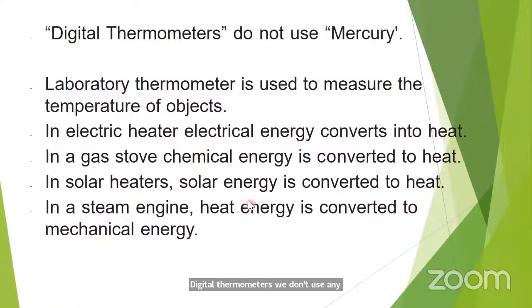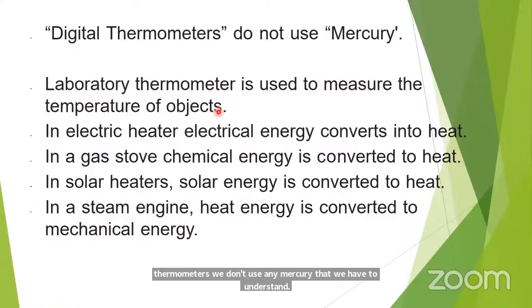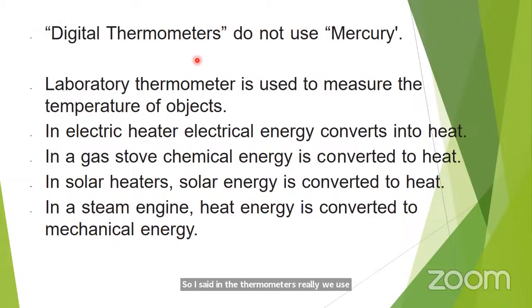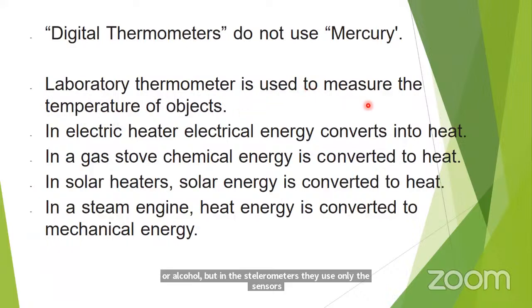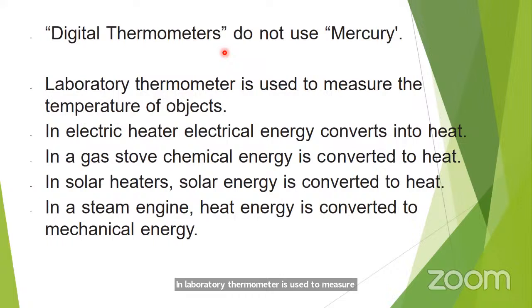So I said in the thermometers, usually we use mercury or alcohol, but in digital thermometers, they use only the sensors. Okay. In laboratory, thermometer is used to measure the temperature of the objects. In the laboratory, when we are doing experiments, we use thermometers to measure the temperatures of the bodies.